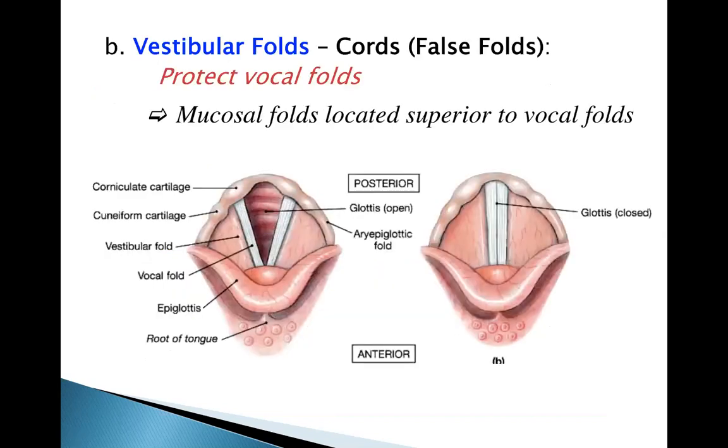All right, so the other component involved in sound production, which actually serves really as a protectant, are going to be the superior located vestibular folds, sometimes called ventricular folds. But vestibular folds, you can see them labeled here, are these much fleshier superior folds that sit right above the thinner vibrating folds.